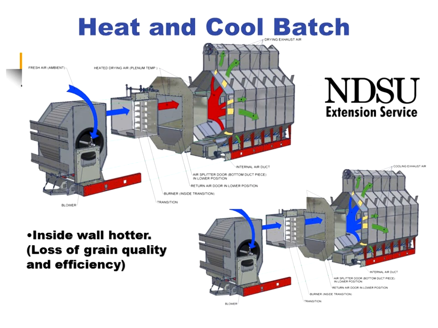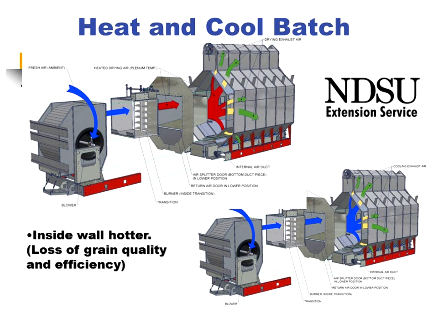We're just going to quickly walk through some of the different options that are available with dryers today, and look at, again, both the performance of that dryer as well as the energy efficiency of that dryer. Kind of the basic fundamental dryer is the heat and cool batch dryer.